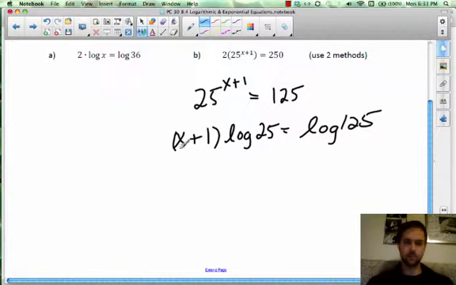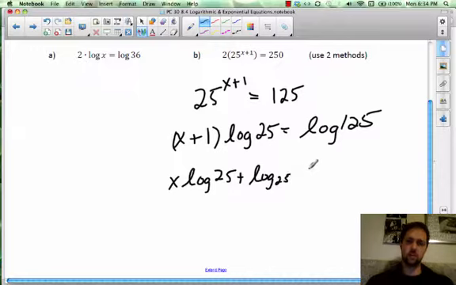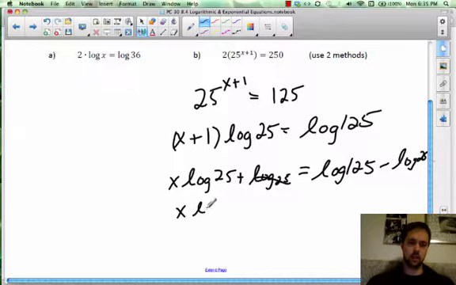And we now have x log 25 plus 1 times log 25, which of course is just log 25, and that is equal to log 125. And we could subtract this log 25 off to the other side, and we get x log 25 equals log 125 minus log 25.